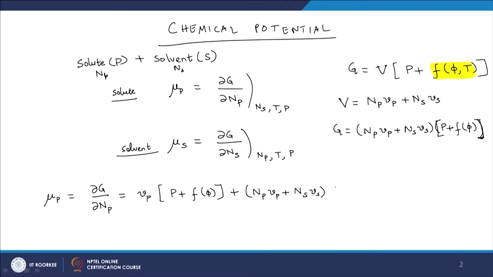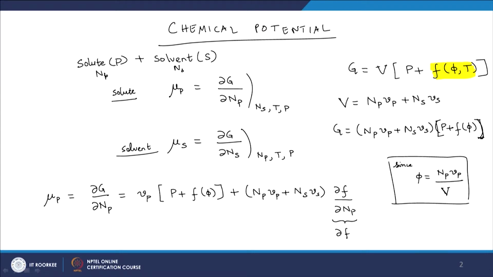So we have dou f by dou Np, and again since we know that, at least for a constant value of Vp, we can write Np in terms of phi, using this particular relation I can write this as dou f by dou phi by dou Np.